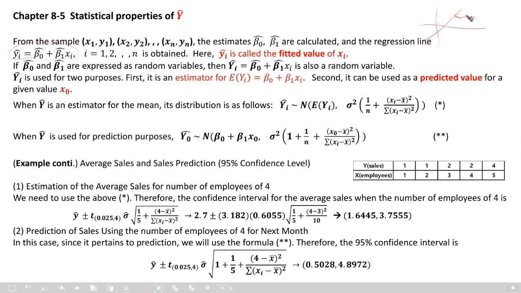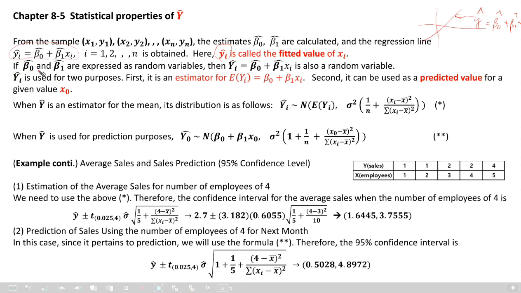Here, yi hat is called the fitted value of xi. When x is xi, the value on the line is called the fitted value.